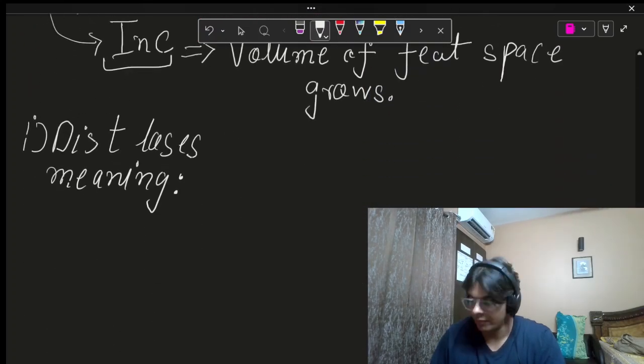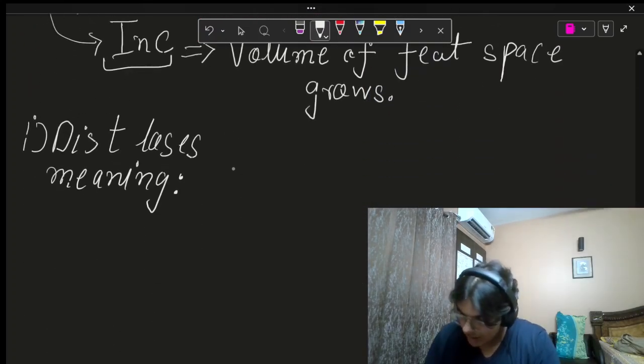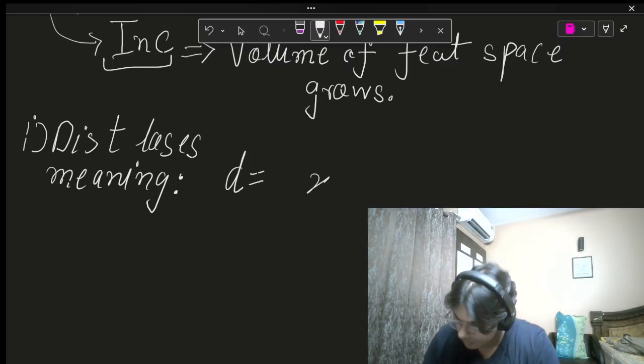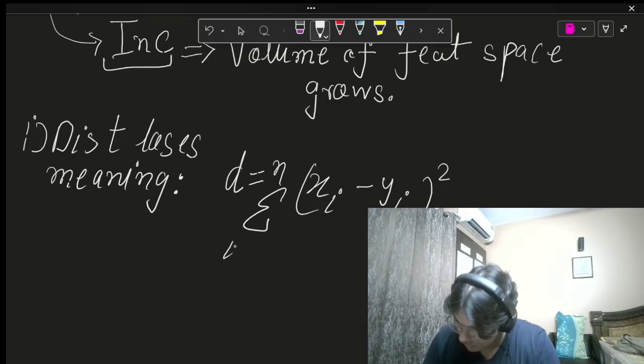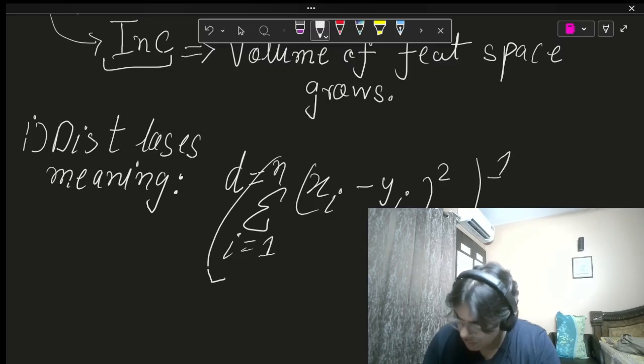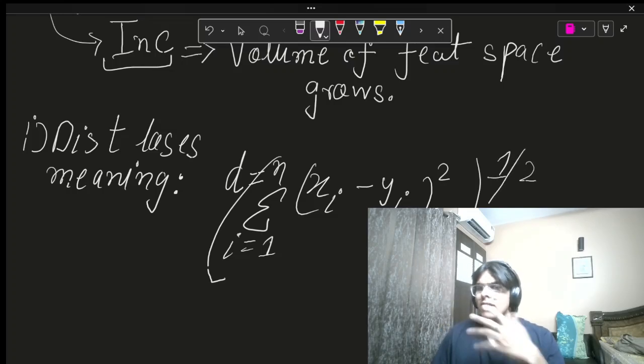Let me quickly write it. We calculate distance like the Euclidean distance. I think this is the formula, right? If it's incorrect, you can correct me, but that's not the point right now.